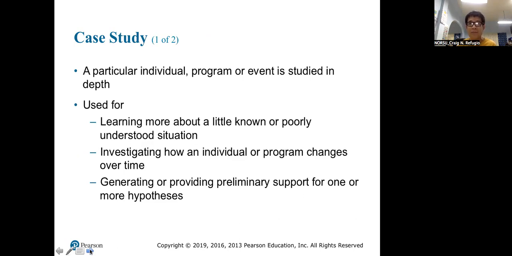Most medical doctors in the hospital are actually using case study, wherein each patient is being studied in an in-depth perspective.